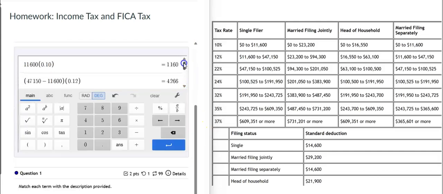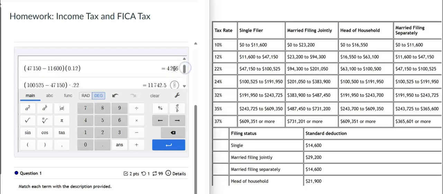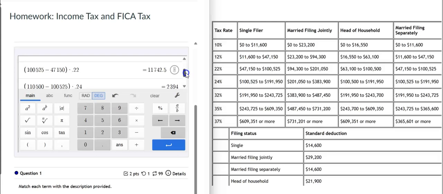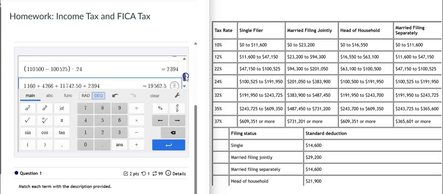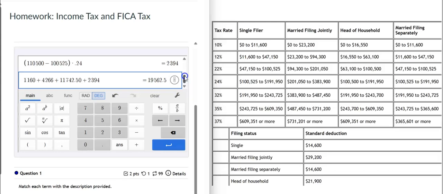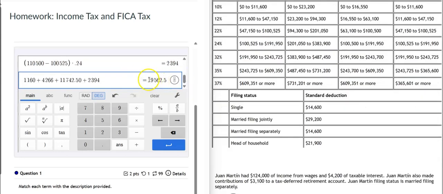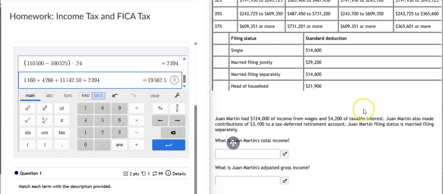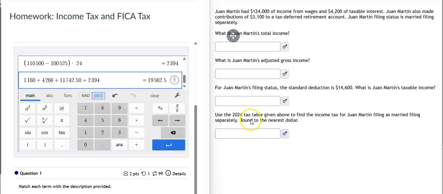Here I add all the numbers: 1,160 from 10%, $4,266 for 12%, $11,742.50 from 22%, and $2,394 from 24%. The total comes to $19,562.50. So that's the total income taxes.